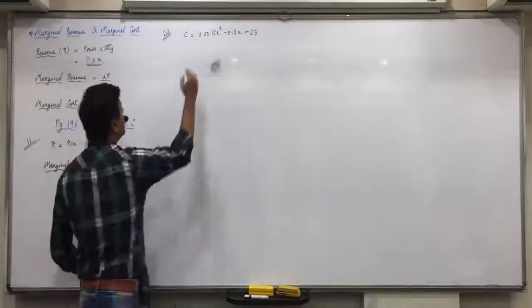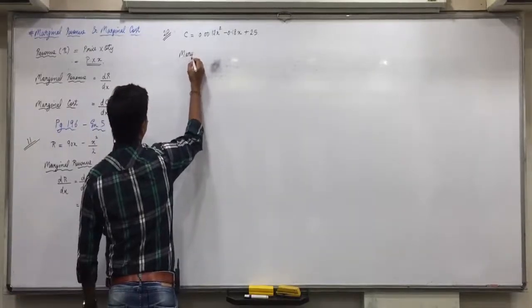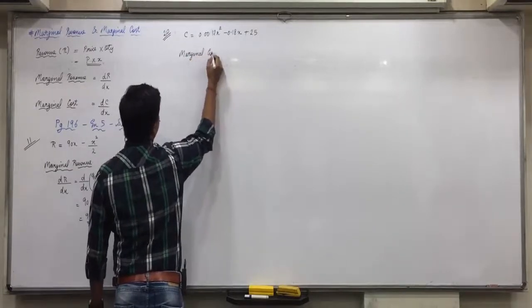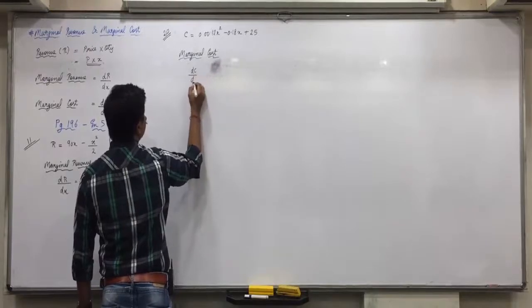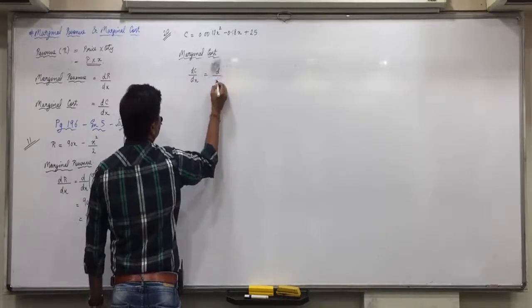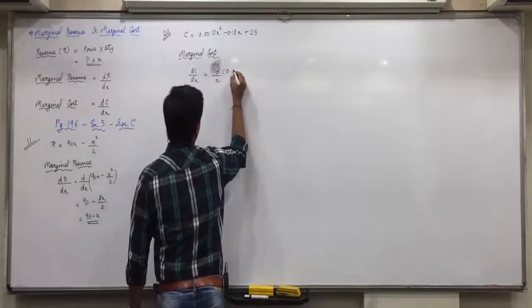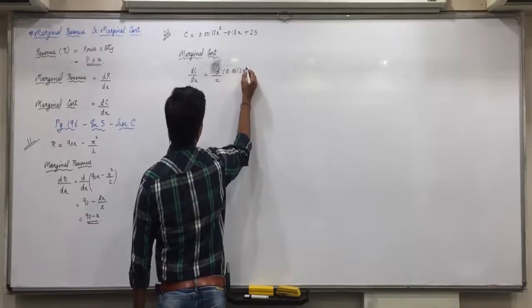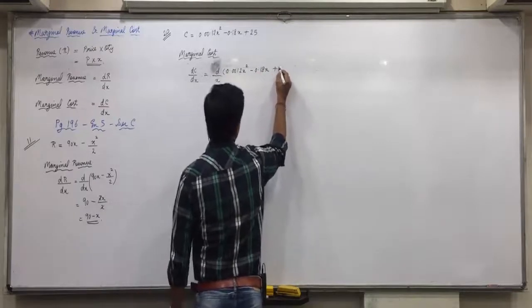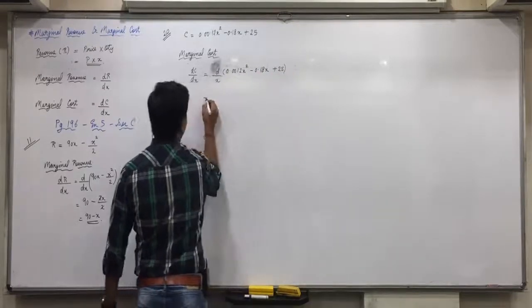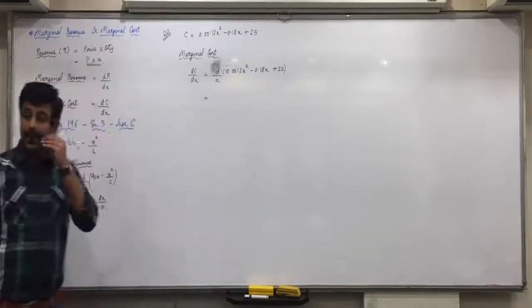So straight away marginal cost, dC by dx equals d upon dx of 0.0012 x square minus 0.18x plus 25. Did you understand this?